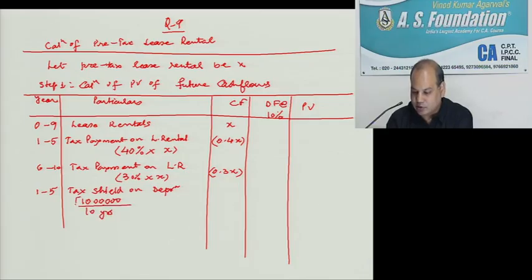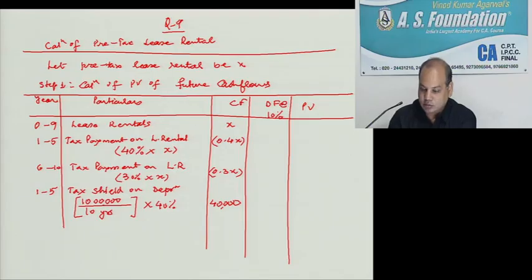So annual depreciation will be 1 lakh. First 5 year you will get 40% tax shield. Is it right? So how much is that? 40% of 1 lakh? 40 lakh? No, 40,000. I know. I was just checking whether you are awake or not.